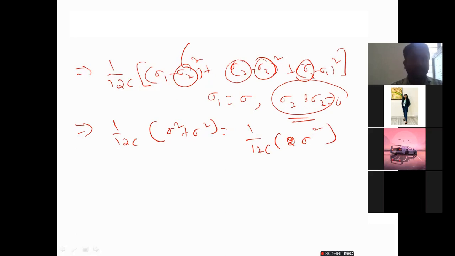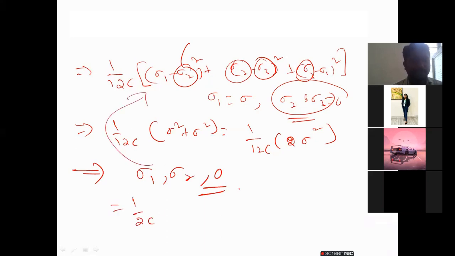And next, if it is due to the principal stresses, sigma 1, sigma 2 and 0. If you substitute these values into this equation, I will get 1 by 12C into 2 into sigma 1 square plus sigma 2 square minus sigma 1 sigma 2. These values we already discussed in the previous class. Due to a network issue, I am switching off my video.